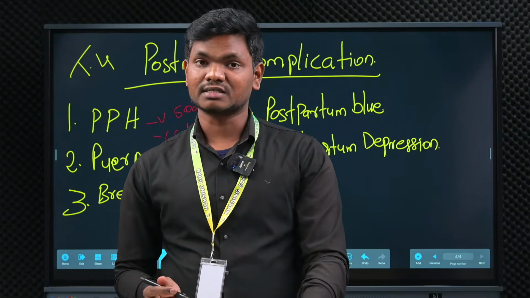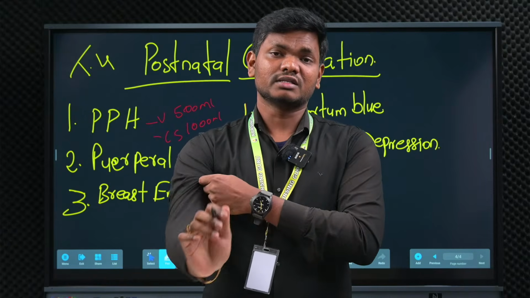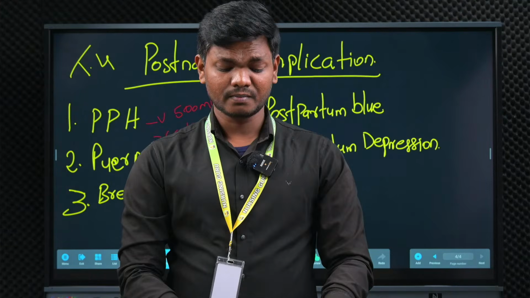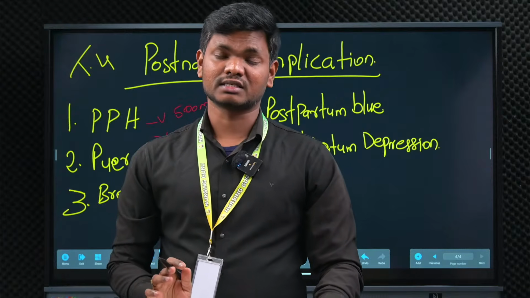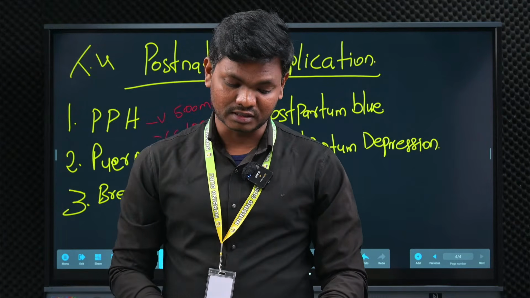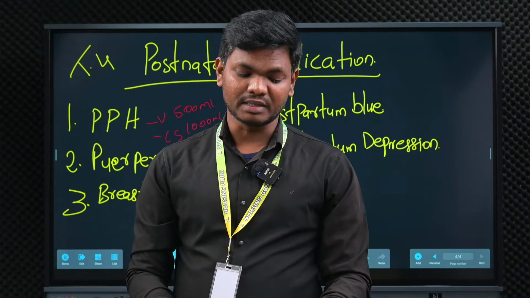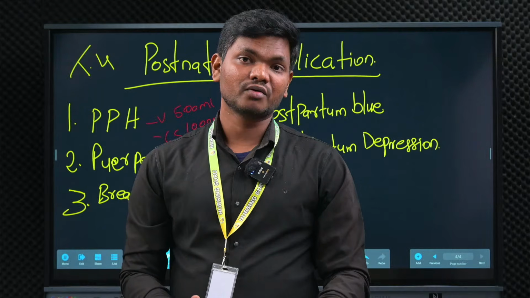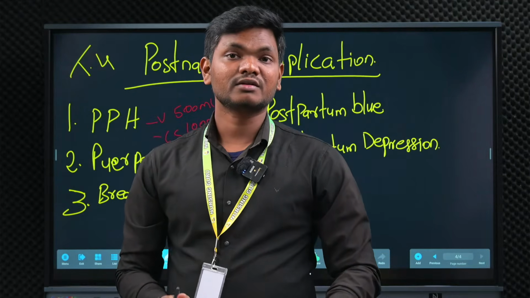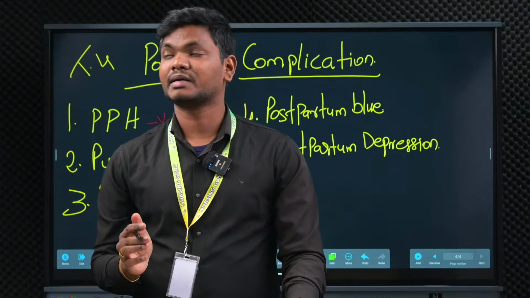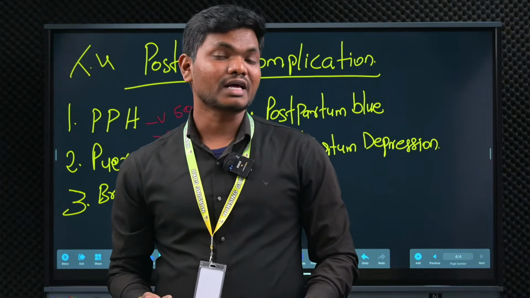Then signs and symptoms, how to identify this. Heavy bleeding is one of the signs and symptoms. Heavy vaginal bleeding will be there along with blood clots, and the mother may go into shock. So what are the signs of shock?